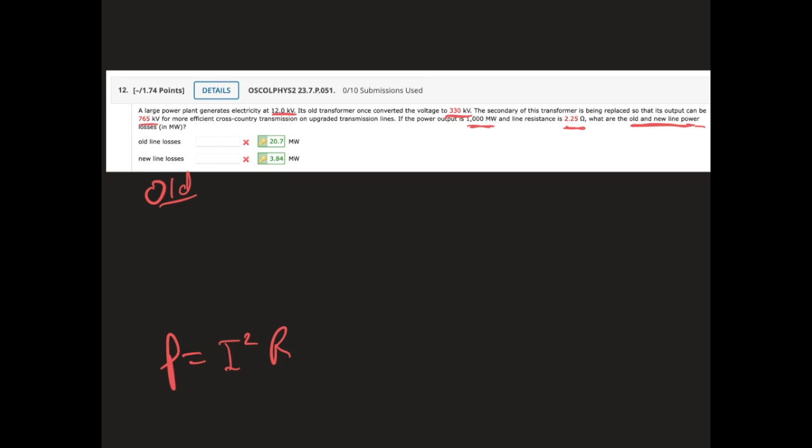We know V primary. That's given in the problem. For mine, it's 12,000 volts, 12 kilovolts. We know the output power. So we know the power on the primary side is equal to 1,000 megawatts.